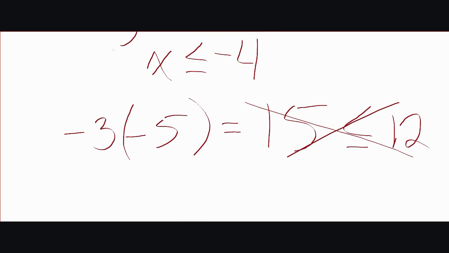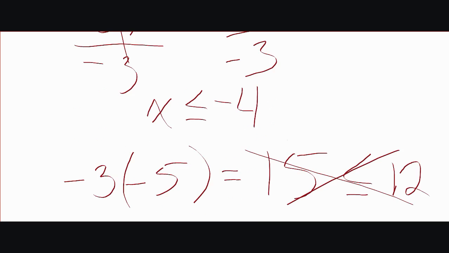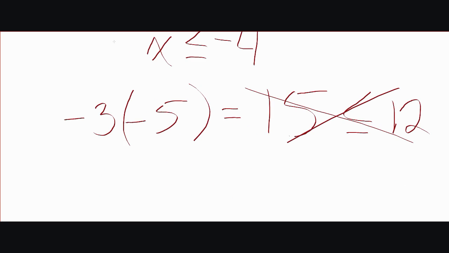Why is it that now I'm getting something that's wrong, where before it worked out so nicely? The thing is, when we divide or multiply by a negative, we need to flip the inequality.